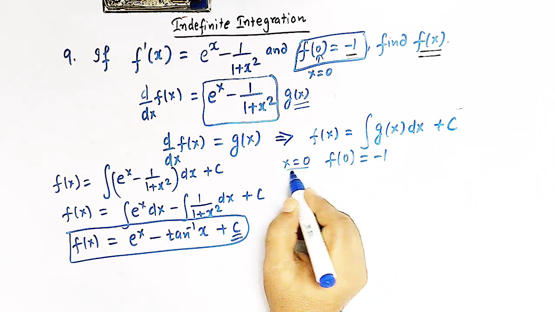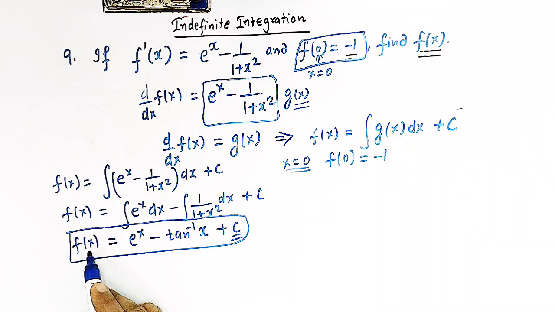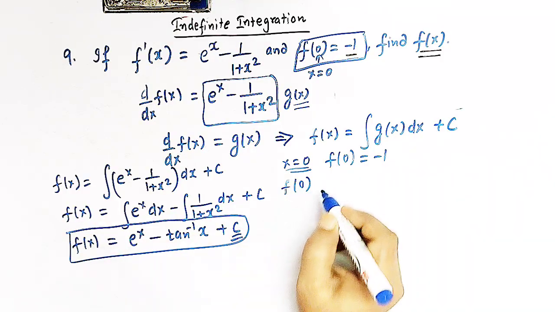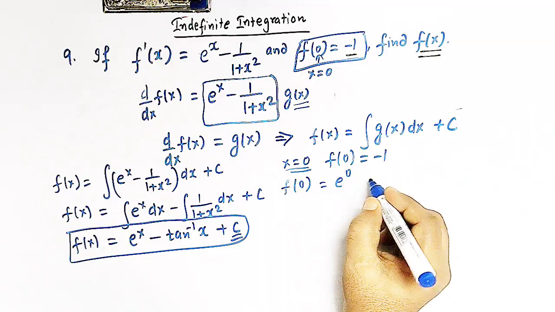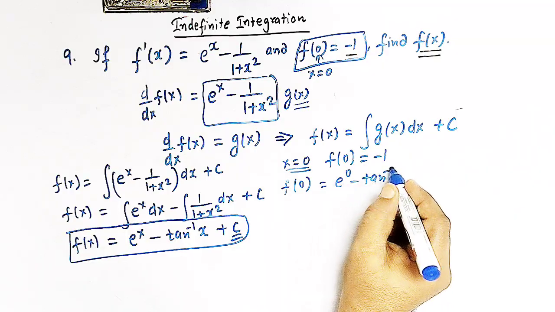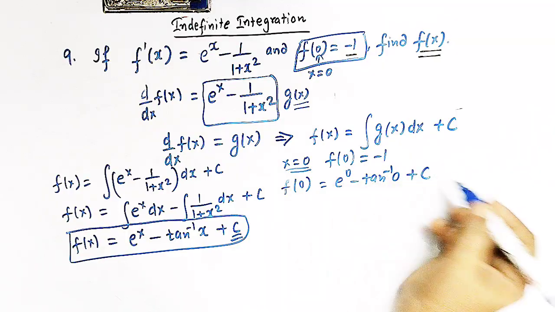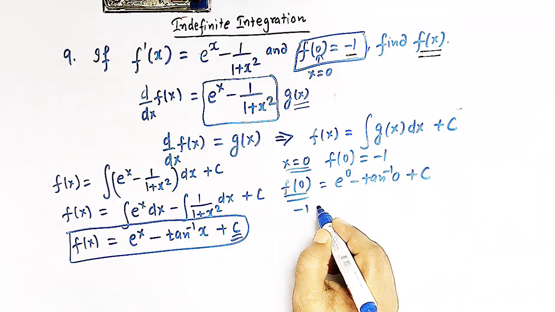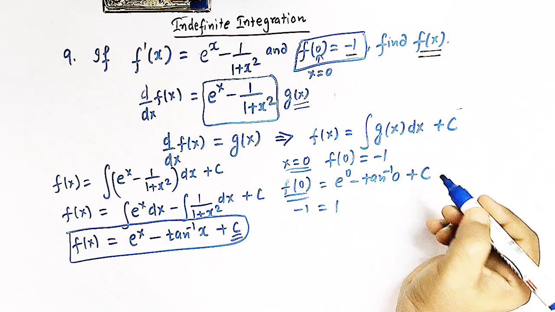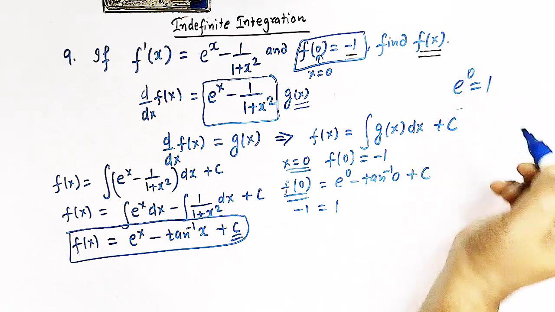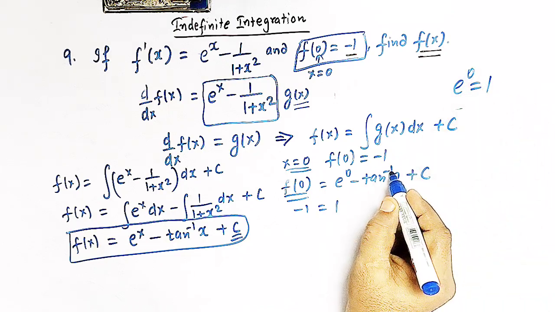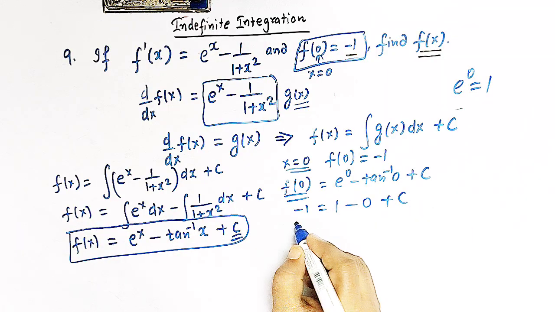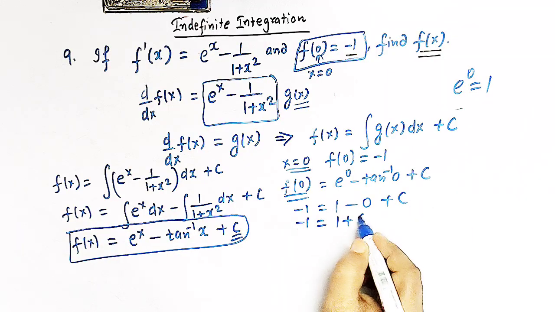Now taking x is equal to 0 in this expression, we have f of 0, and then we have e raised to 0 minus tan inverse 0 plus c. Now f of 0 is equal to minus 1, e raised to 0 is 1, and tan inverse 0 is simply 0, and here we have c. So we have minus 1 is equal to 1 plus c.